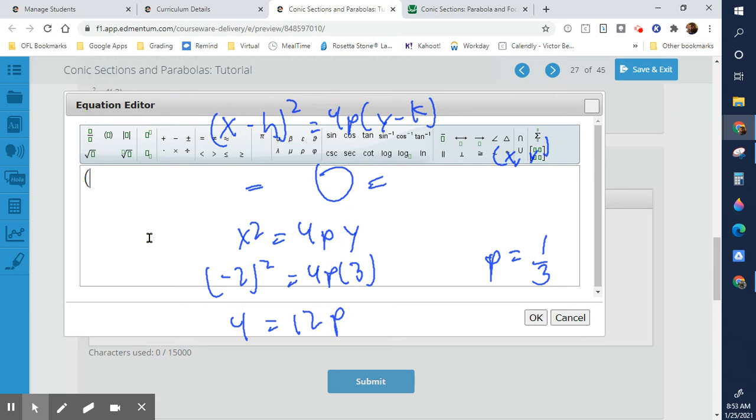So what we're going to do here, we're going to say that negative 2 quantity squared equals 4p times y minus 0, 3 minus 0.